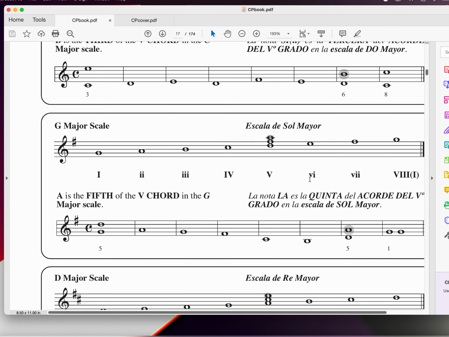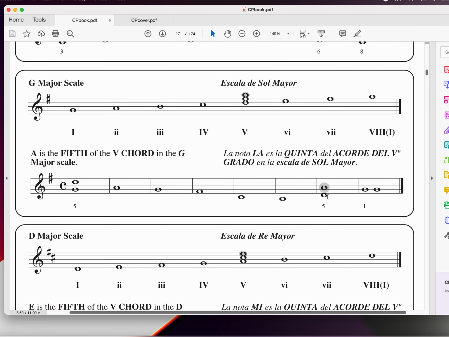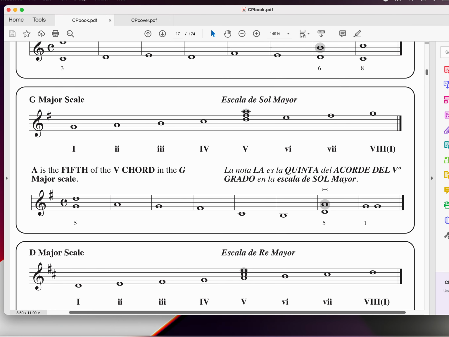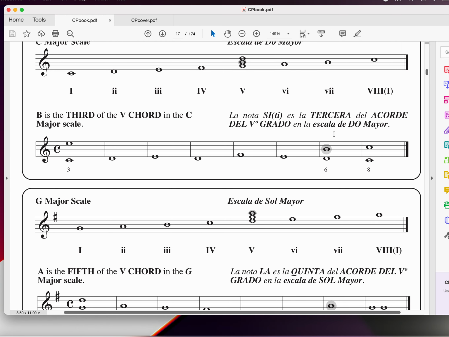Okay, in the key of G, another example, we used another note. And in the first example, we used the B, which is an interval of a 6.